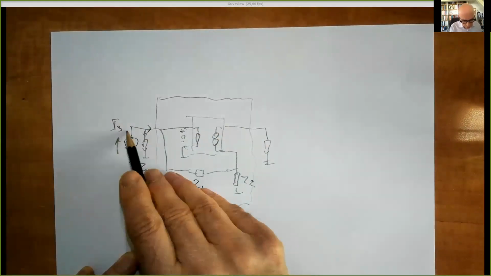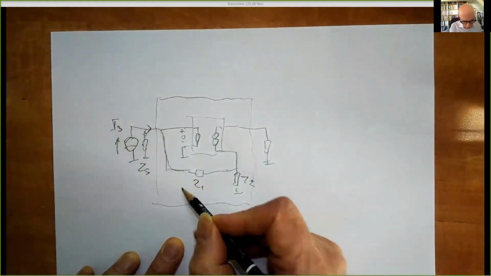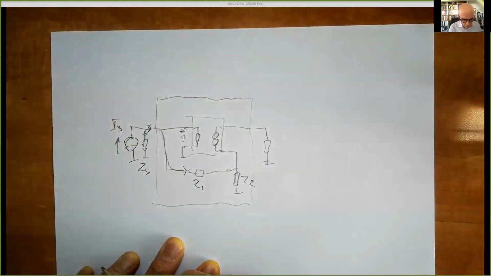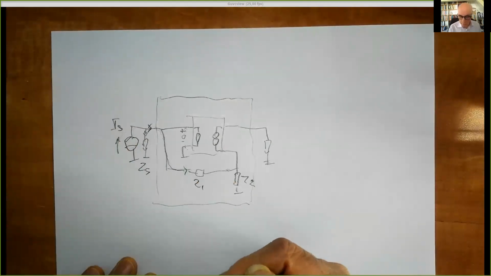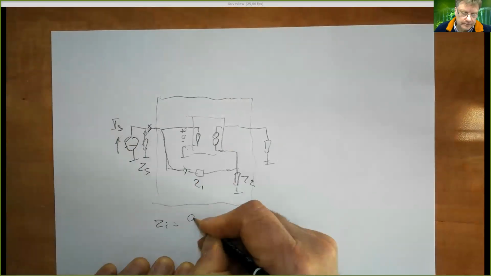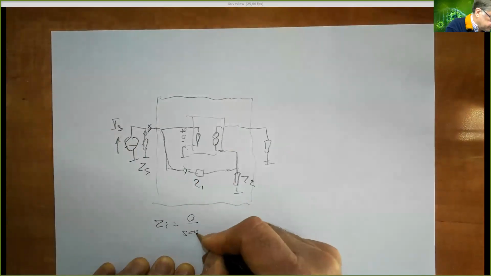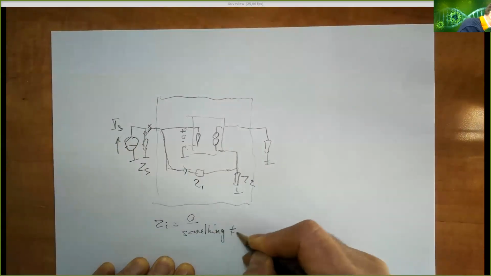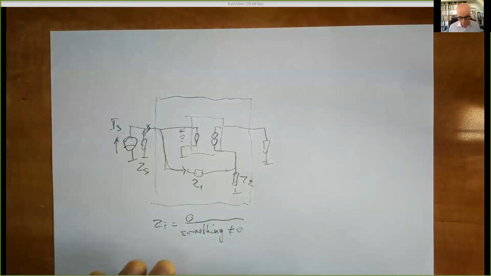All the current from the source will be flowing this way and this way. So we have a finite current IS and zero voltage, which gives zero input impedance.